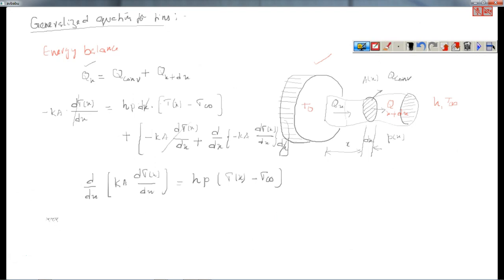since A is there and P is there, I am trying to find the one dimensional generalized heat transfer equation. Then if A and P, this is the area of cross section, are a function of x, as x increases, this is going to vary A and P. Therefore A and P are functions of x.